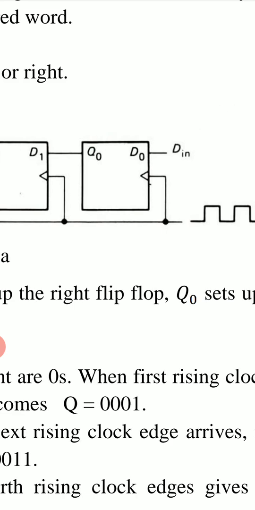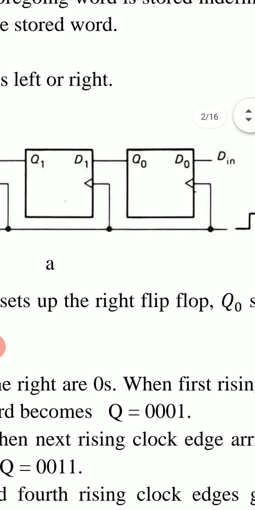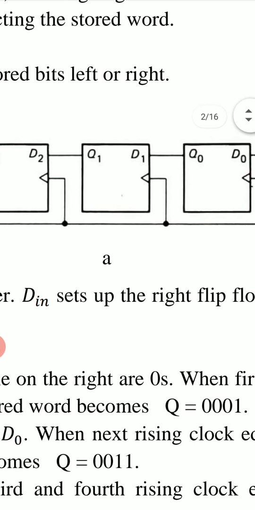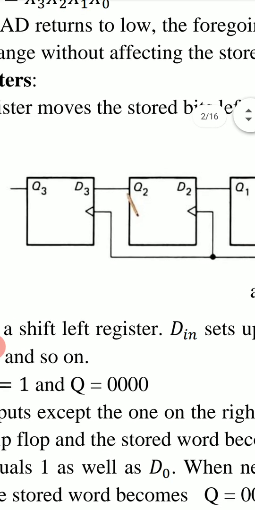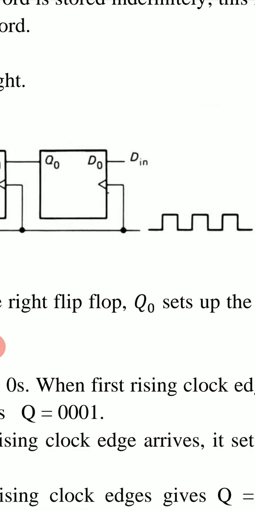Q0 will be equal to D0 when the positive clock edge arrives. When the positive clock edge arrives, Q0 equals D0, Q1 equals D1, Q2 equals D2, and Q3 equals D3. Now here we add this D in. It is the input to the right D flip-flop, D0 is equal to D in.